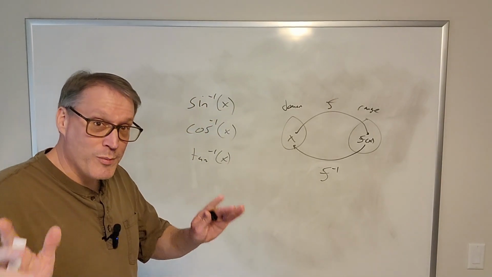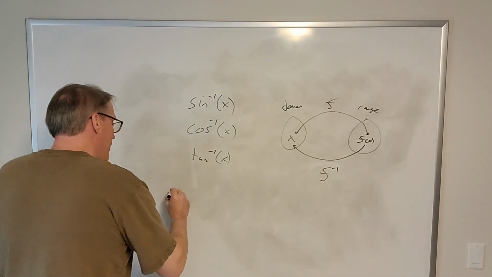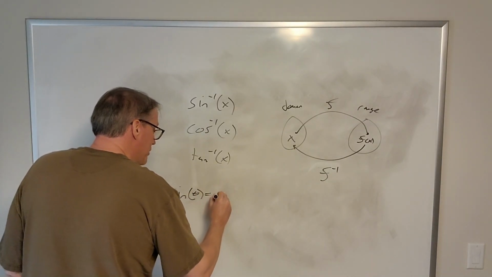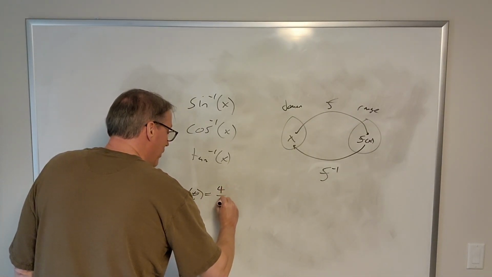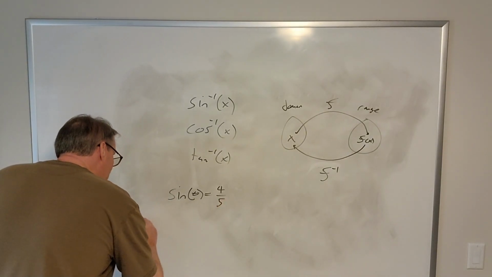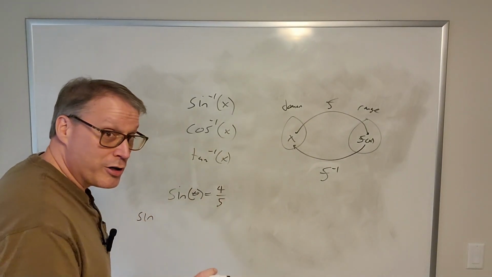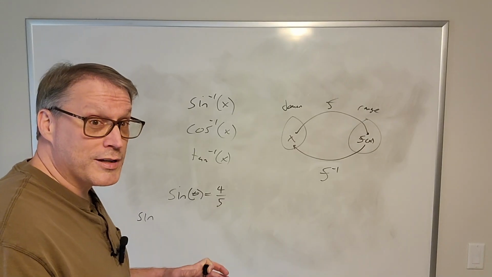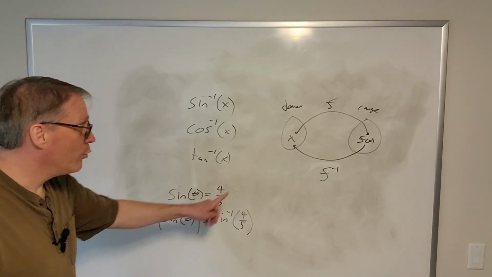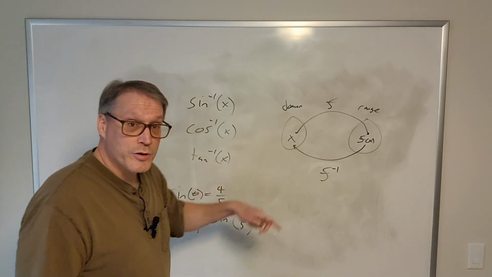Okay? Just remember that. Now, if you have sine of theta equals, let's say, 4/5, like our 3, 4, 5 triangle, you can take the sine inverse of both sides. Remember, you can do anything you want to an equation as long as you do it to both sides. So I took the inverse sine of both sides. Sine inverse of sine is just taking a round trip.